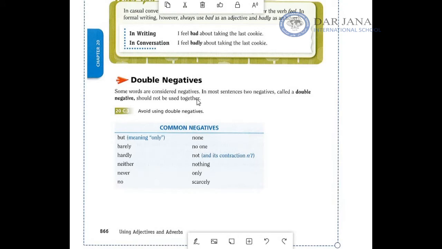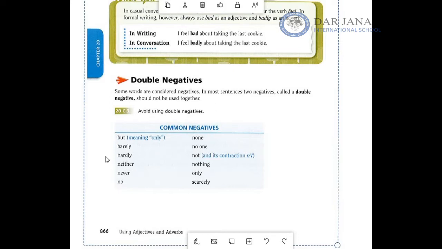The next point is the use of double negatives. The use of double negatives is incorrect. If we have a sentence that contains a double negative, this means that this sentence is incorrect and it needs to be fixed. Some words are considered negatives. In most sentences, 2 negatives, called a double negative, should not be used together, and we should avoid using them.